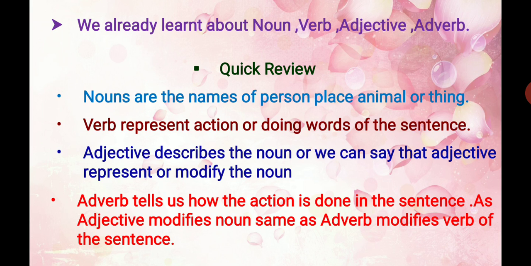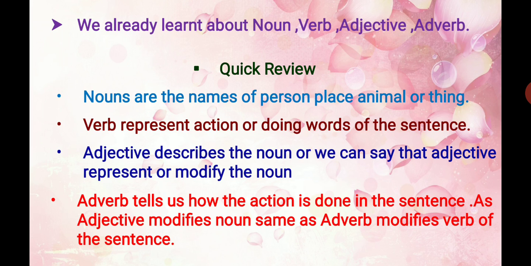And then adverbs. An adverb tells us how the action is done in the sentence. As an adjective modifies the noun, the adverb modifies the verb of the sentence. As I told you in our previous topic, an adjective describes the noun, and an adverb describes the verb.